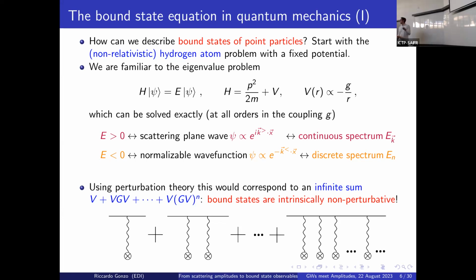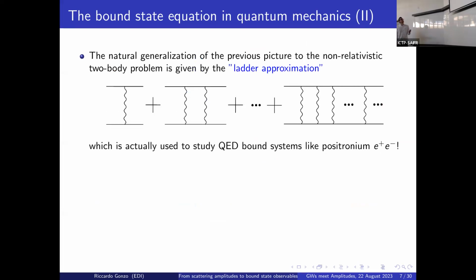What I mean is that people always talk about these poles and their relation with the bound states, that these only arise from resummation. That's what I'm saying here, and that's what I'm going to try to describe. Right, so the generalization of the previous picture.